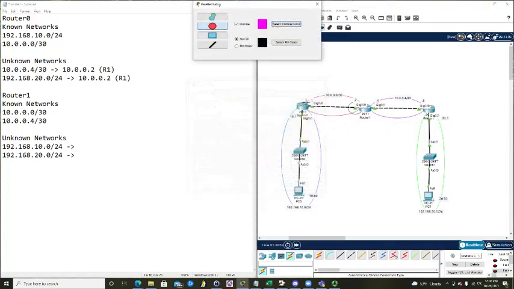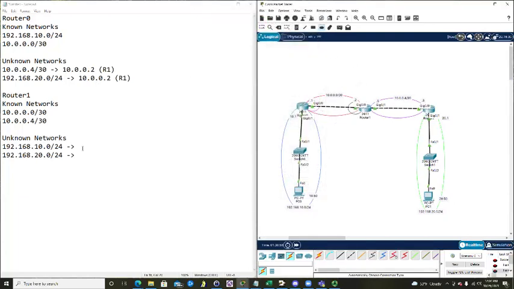Pink. So in this case, router 1 here is going to forward traffic over to router 0, specifically its next hop of 10.0.0.1, and we're sending it to that specific interface G00.